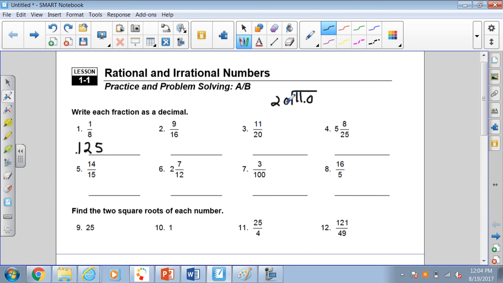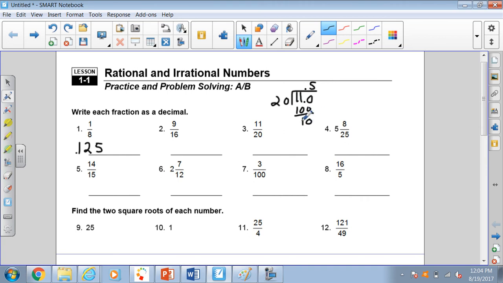Now, how many times does 20 go into 110? Well, remember to bring my decimal point up. That tells me I can put that in 5 times, because 5 times 20 is 100. And if I do that, I have to put 5 up here. And that leaves me how much here? Well, let's see, that leaves me 10.